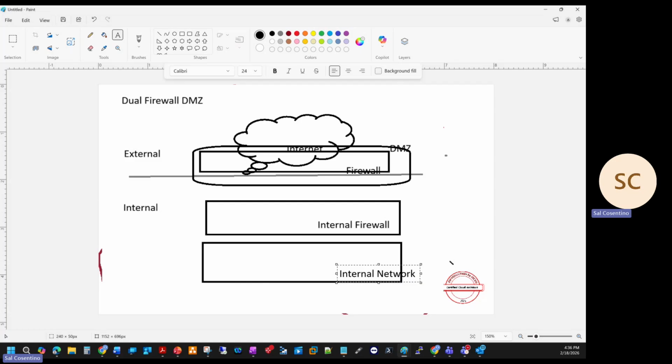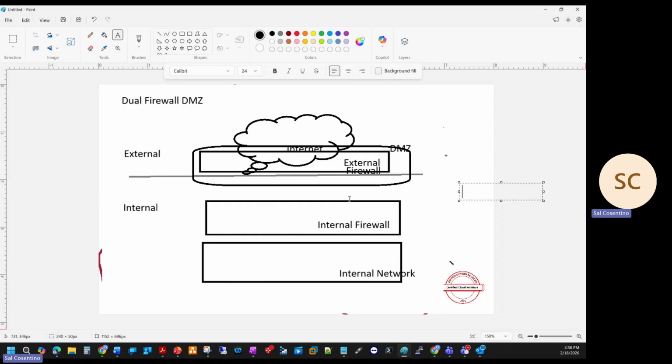You have your two firewalls, your internal and external firewall. So we'll call this an external firewall, because it's external. The firewall usually sits at the edge of the network, whatever the network is.